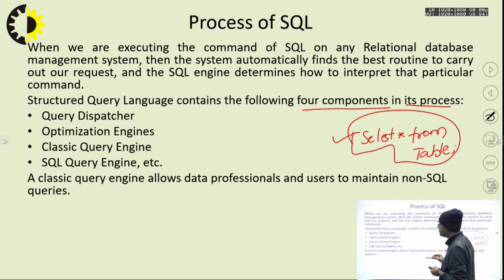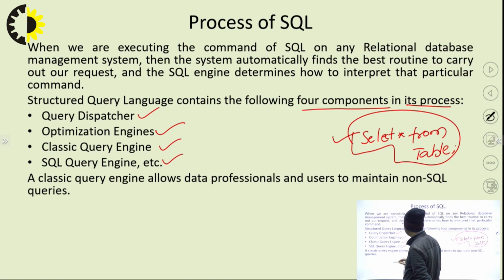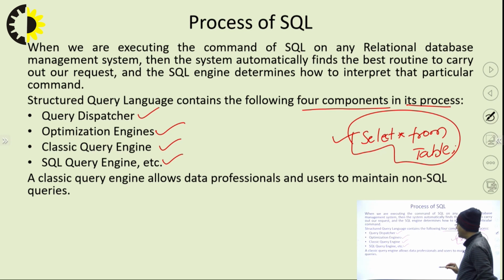What are these components? The first is the query dispatcher. The second is the optimization engine. The third is the classic query engine, and the fourth is the SQL query engine. These are the 4 components which are involved to give the output of a particular statement, a particular query. Let's suppose I have written a query. How is it going to generate output?